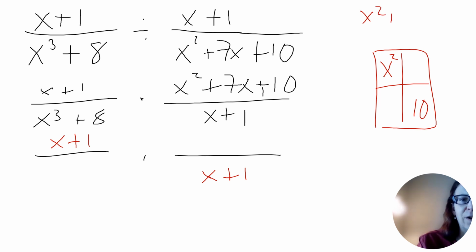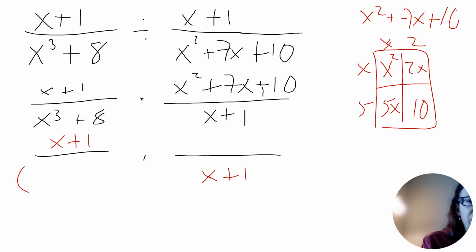So we've got the x squared plus 7x plus 10. So we're going to do that one. And I want two factors of 10 that add up to 7, and that would be 2x and 5x. And so x squared factors into x times x. We have a 2x, we have a 5x, and so that would give me x plus 2 and x plus 5.